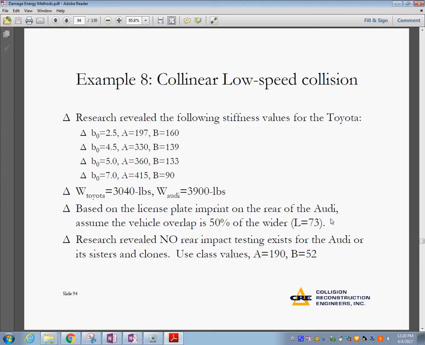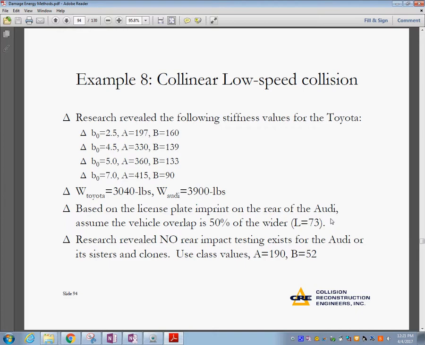So then we have the same data for the other vehicle. These are for the Toyota.